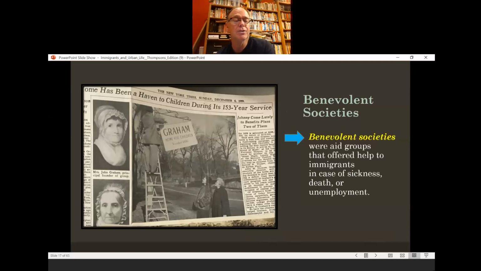They're helping these immigrants when it comes to their attention that there's real sickness or death, or they just can't even find jobs. And for those family members, they would offer help. So this isn't like a location where people went to get help. These are people that would come to the immigrants and help them out. Benevolent societies. You can definitely expect this on the test. It's in yellow with a blue arrow.